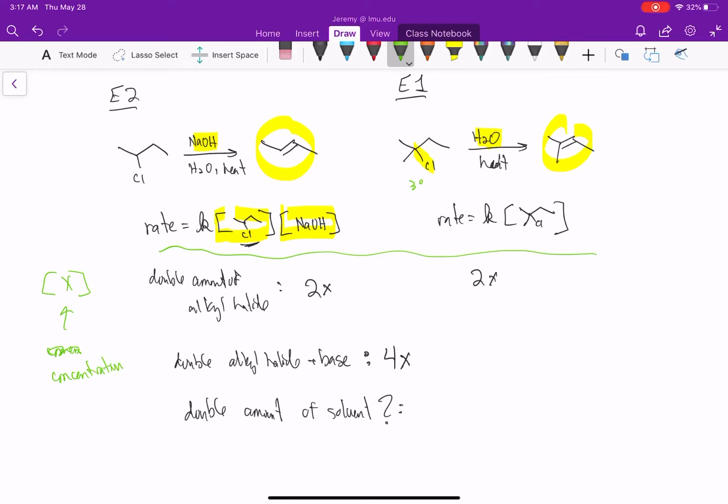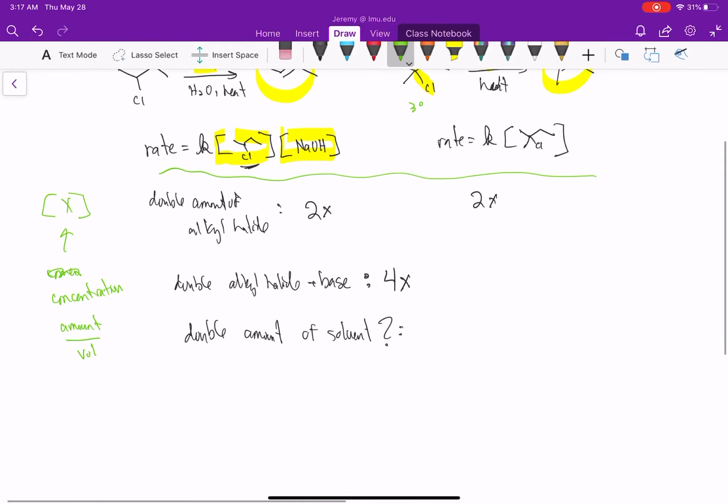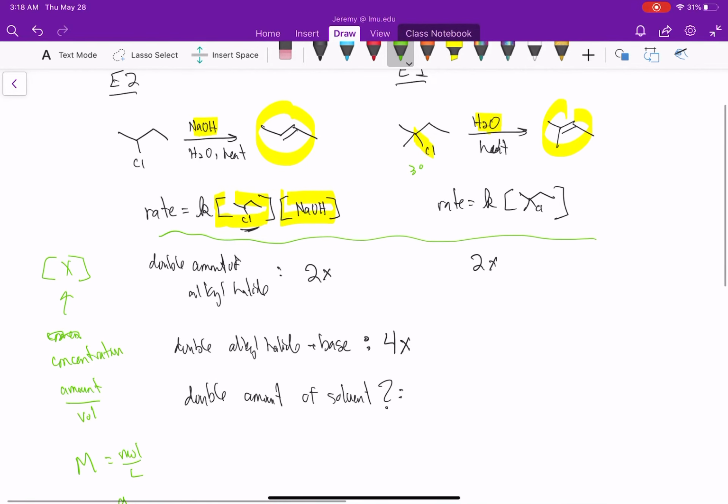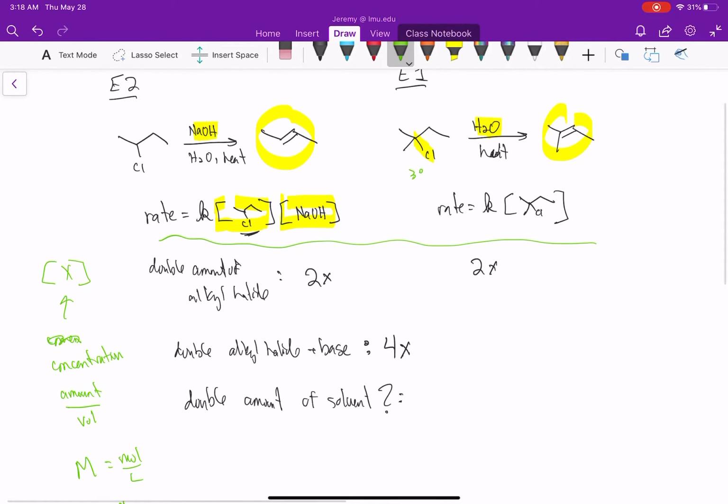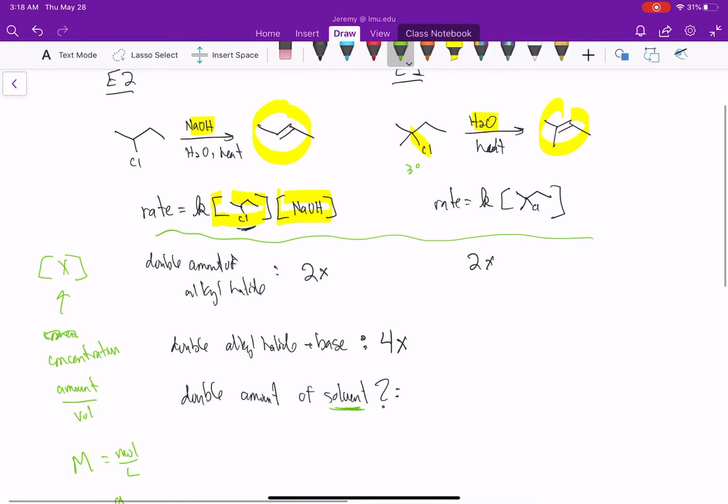What is concentration? It's amount per volume. Concentration is either going to be molarity, moles per liter, or it could be molality. So what happens if I double the amount of our solvent?